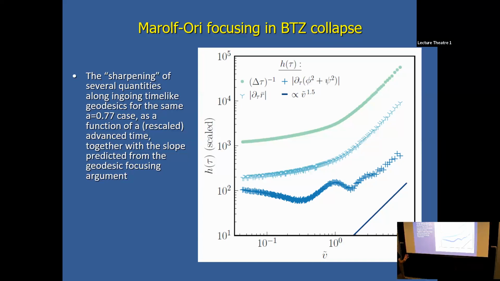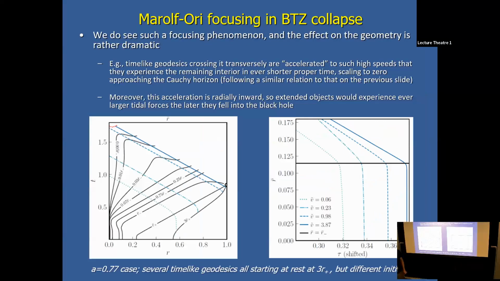So you just want to be on a geodesic without any acceleration. But of course, that's assuming a Schwarzschild case. If it's curved and there's a Cauchy horizon, what this is saying is you better panic and start to accelerate and get to this region as quickly as possible. It's not just getting there that's the problem. Once you've crossed this region, you're going to get crushed. So that's the important takeaway.